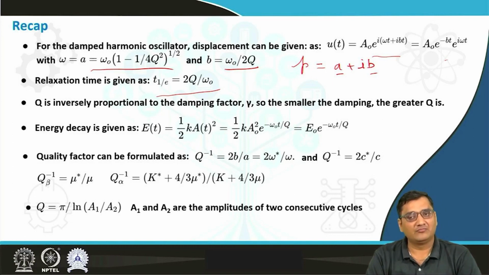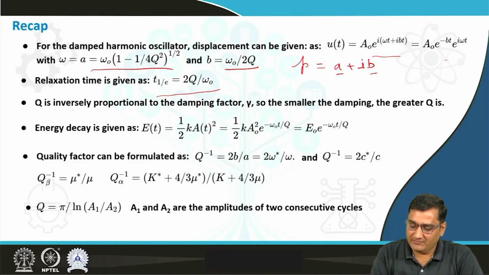So the smaller the damping, the greater the Q will be. For a higher value of Q, the damping will be smaller, and for a smaller value of Q, the damping will be higher. And the energy decay can be given by this expression.